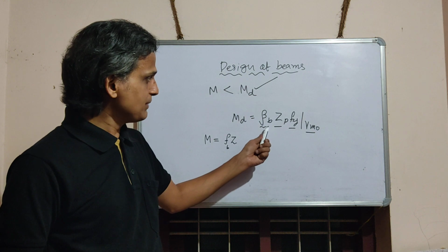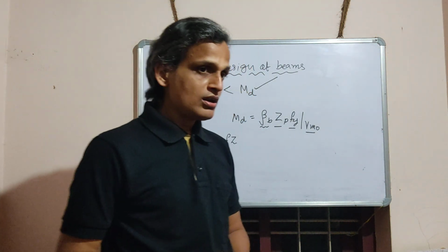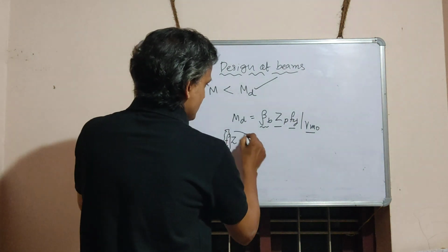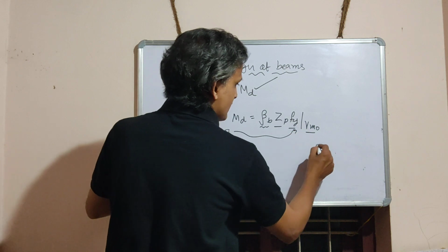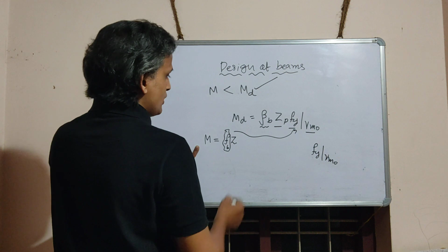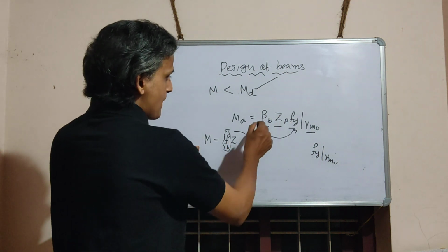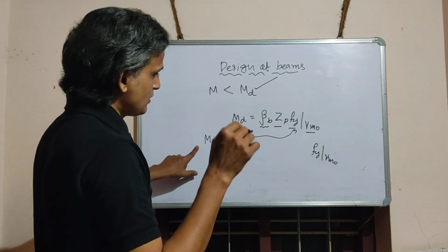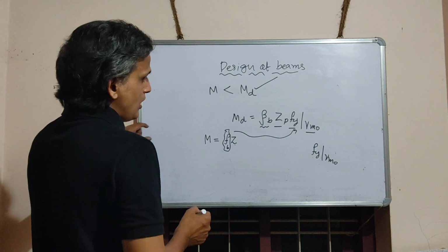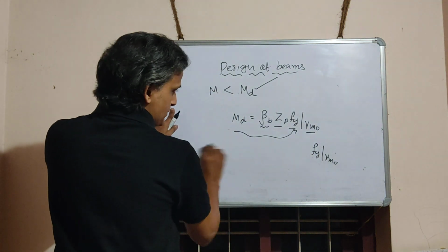Now there is another term beta B and one term gamma M0. The allowable bending stress can be taken as Fy divided by gamma M0. Now the section modulus is the plastic section modulus. Beta B is a constant which depends upon the nature of the section. How will we calculate the value of beta B?